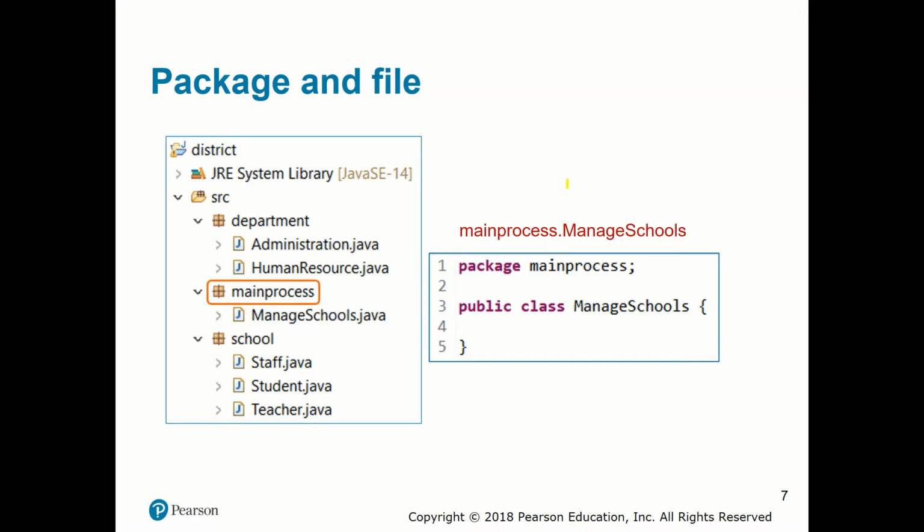Here, the class ManagerSchools is created under package main process. Then the class ManagerSchools should have package main process in the first line of the code. And the actual class name is mainprocess.ManagerSchools.